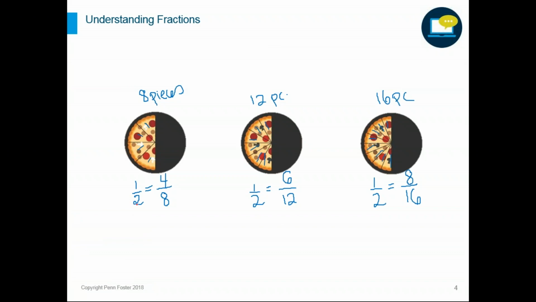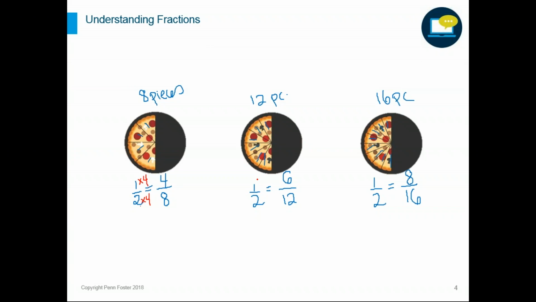So to get from 2 to 8, I multiplied times 4, and I have to do the same thing on the top, times 4. And that's how I got from 1 over 2 to 4 over 8. These two are equal, and they remain equal because I used the same factor on top and bottom. So 1 times 4 is 4, 2 times 4 is 8.